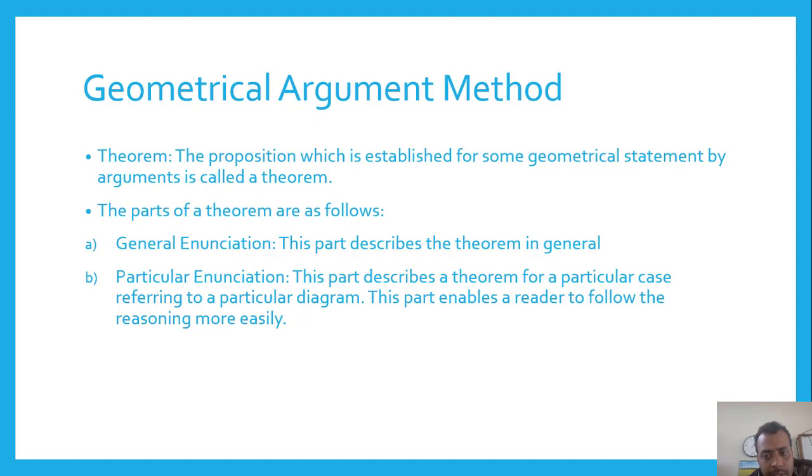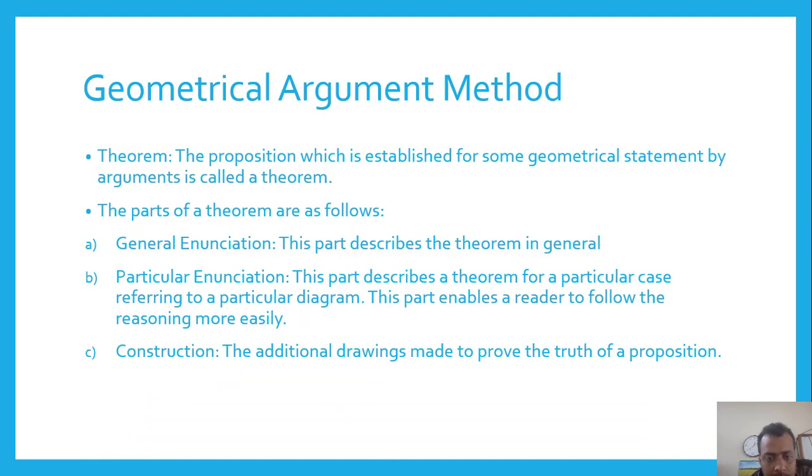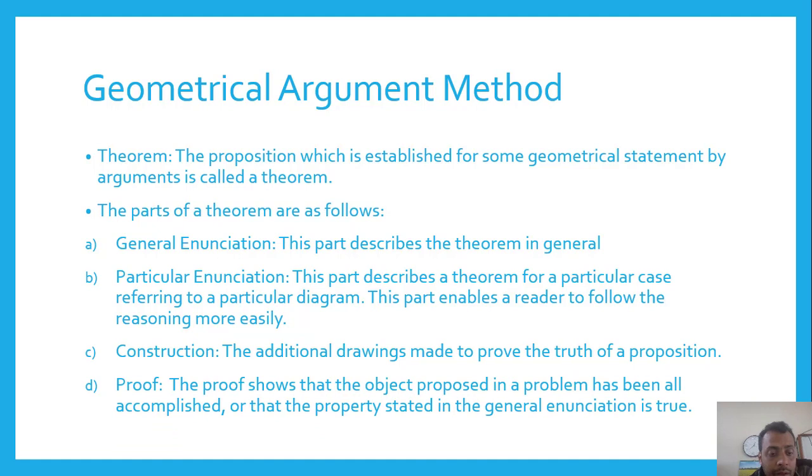This part enables a reader to follow the reasonings more easily. Construction. The additional drawings which are made to prove that the proposition is true is called construction. Proof. The proof is the heart of a theorem. The proof shows that the object proposed in a problem has been accomplished, or that the property stated in the general enunciation is true.